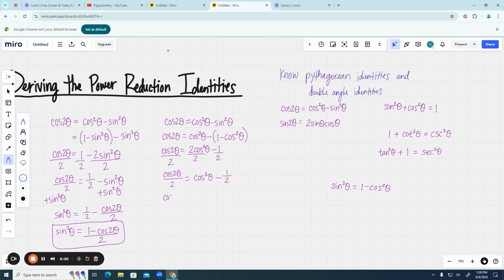So then we'll have this. They have the same denominator, so we can just write it like this. And that is your power reducing formula for cosine.